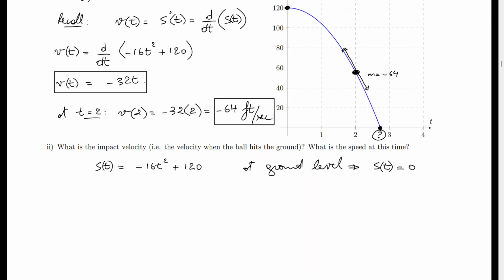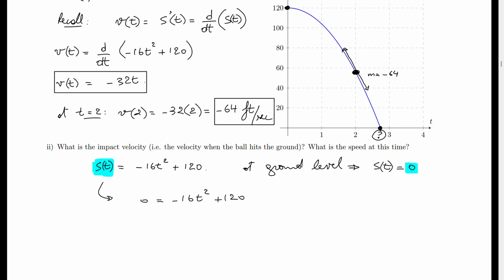So I know that s of t will be 0 there. So in other terms, what I have to do is replace s of t with 0, and I will get the equation 0 equal to negative 16t squared plus 120. When I solve this equation, there's only one variable in there, the t, which will give me the time it will get to the ground.